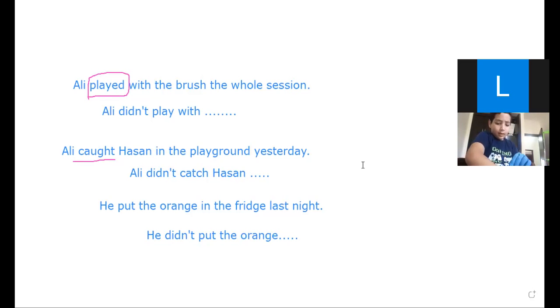What about now the interrogative, the question in the simple past tense? As you know, we have two types of questions. We have yes/no questions, and we have questions with WH words. Okay? Yes/no questions are very easy to form, and even the WH word questions are very easy to form. Here you can say, did.